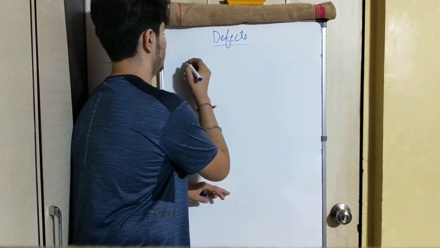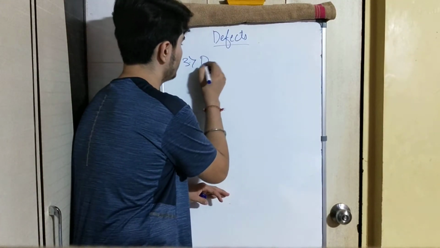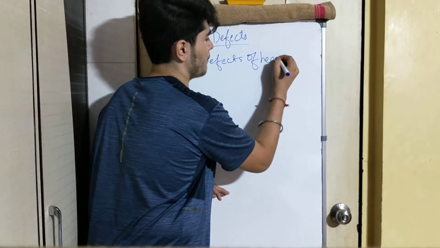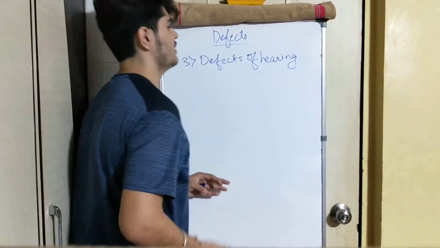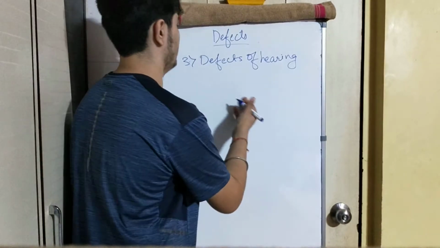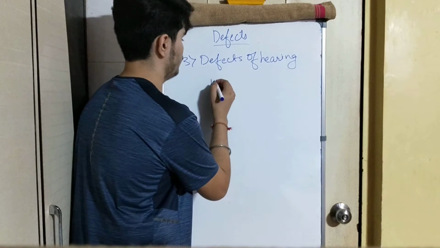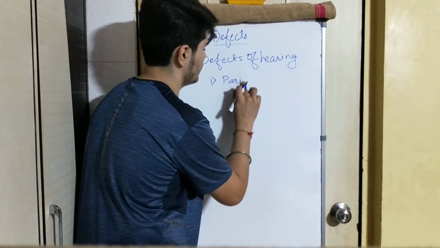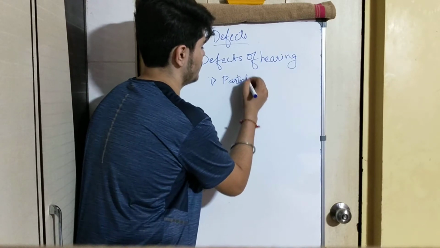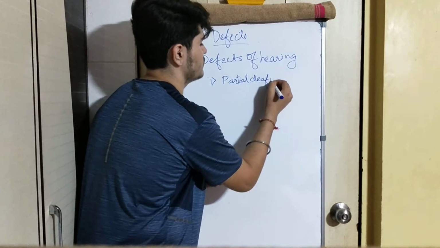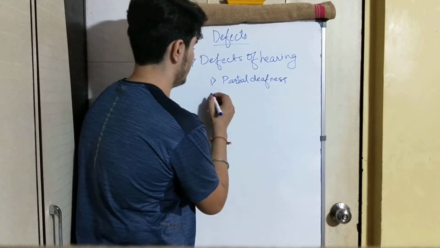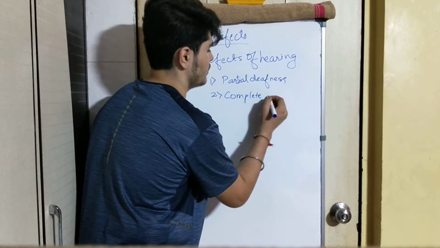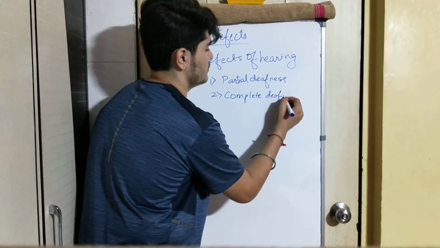Now there are defects of hearing. There are two: first is partial deafness, and second is complete deafness.